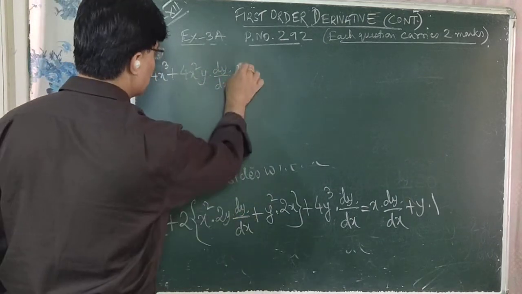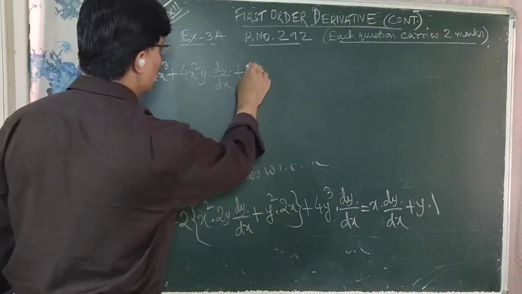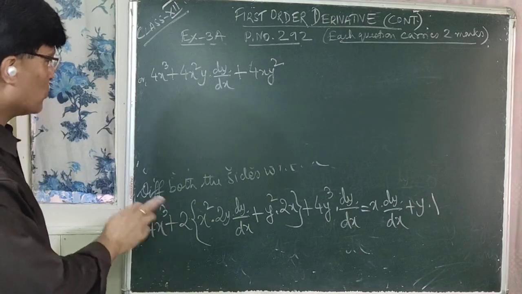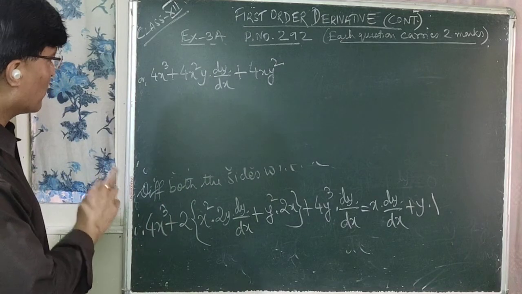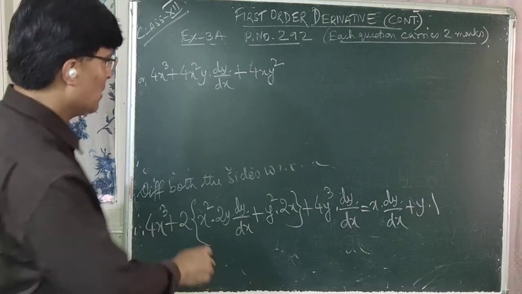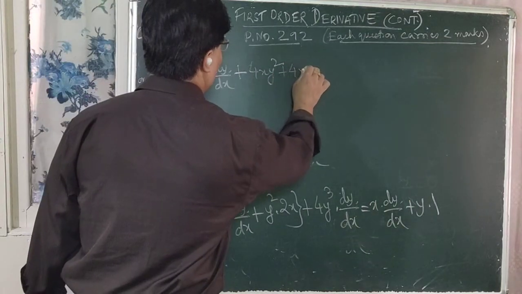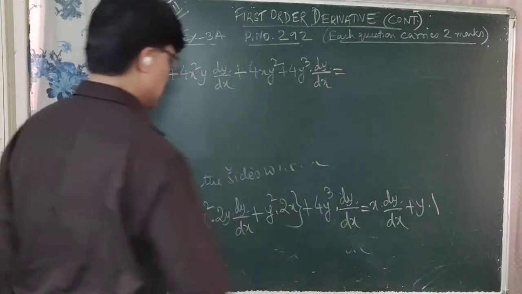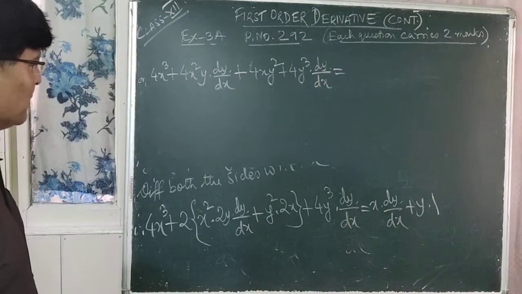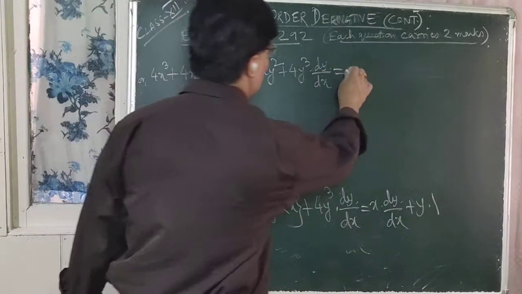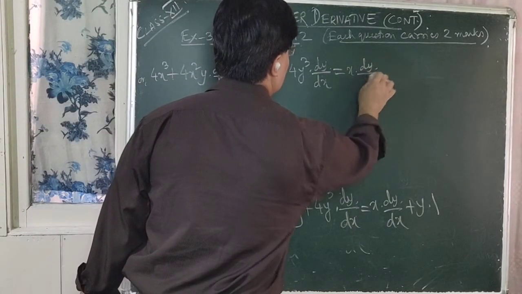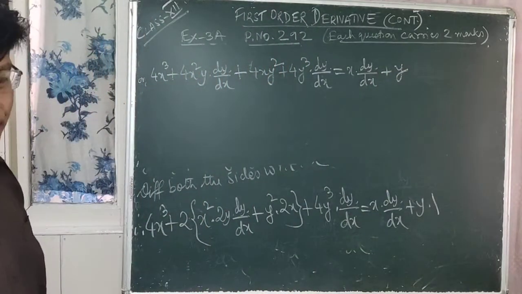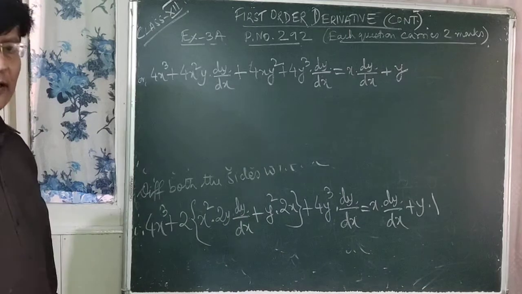So plus into plus, plus this is 2 2s are 4, xy square, plus 4xy square, is that clear? Plus 4y cube into dy by dx, right? So on the right hand side, x dy by dx plus y. Is that clear now?